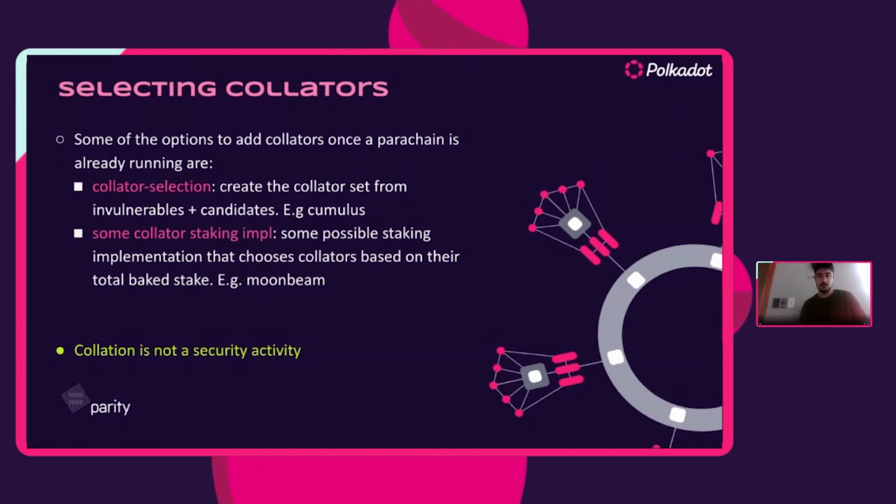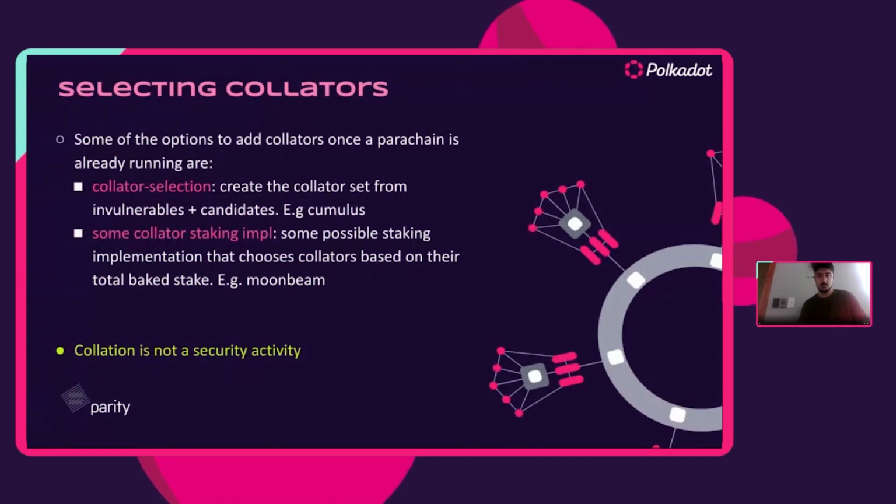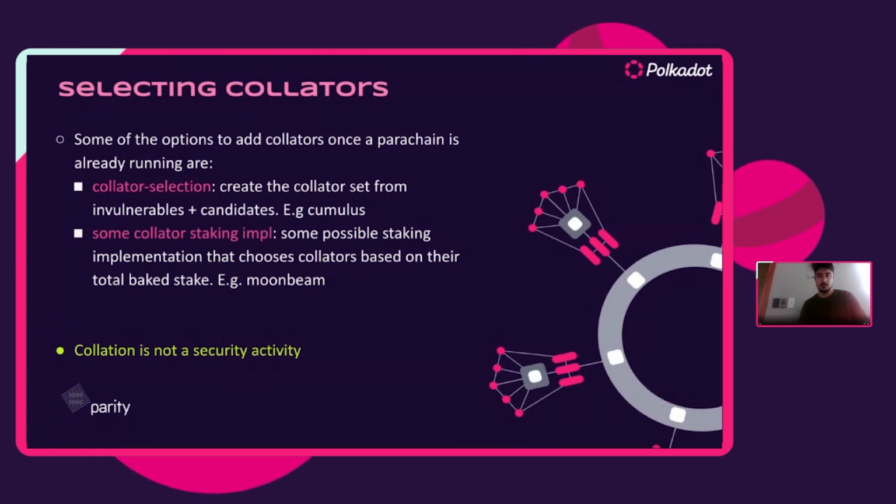So collator selection, as I was mentioning, sits with Cumulus, and this pallet will build the collator set from the invulnerable collators and some candidates, right? The invulnerables are set by governance or root, and the candidates are any public entity that wants to join, will bond some amount of tokens, and will be able to be part of this pool.